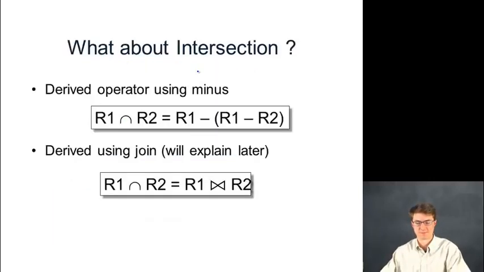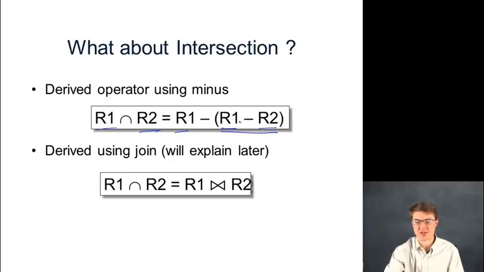All right. So what about intersection? That's another set operation that we could lift up. You can indeed define intersection, but you don't necessarily need to have it as a fundamental operator because you can re-express it in terms of difference. If I want the intersection of R1 and R2, I can take everything in R1 that is not in R2, and then I can take everything in R1 that is not in that result.